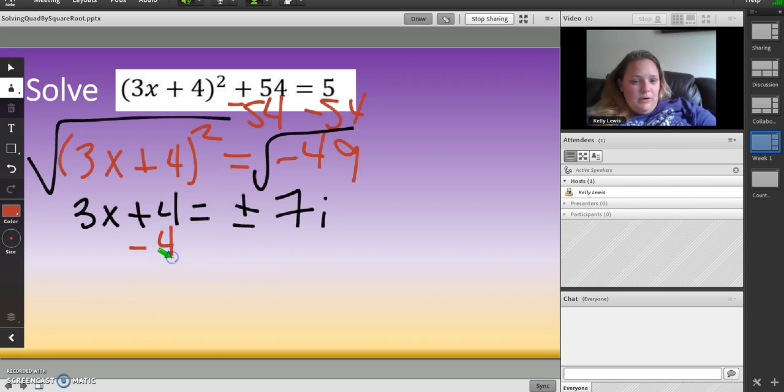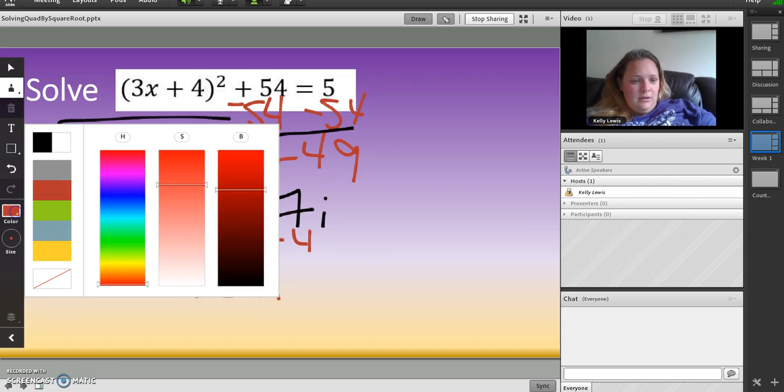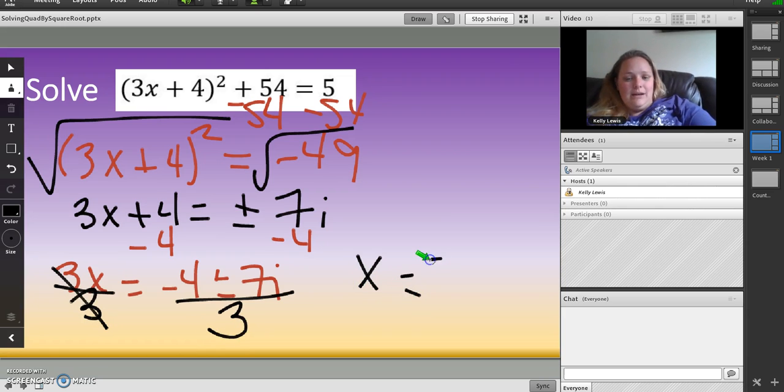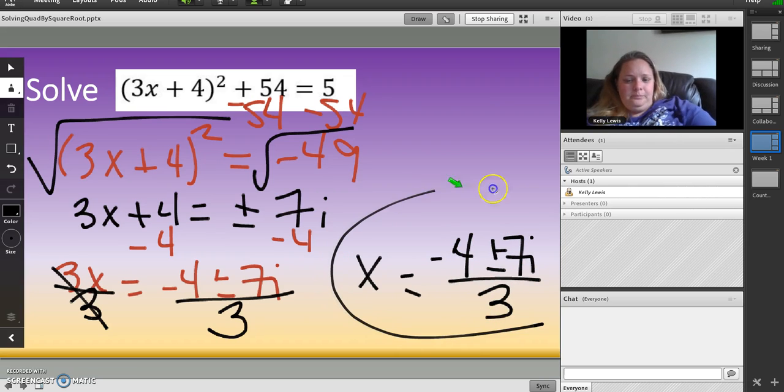Then subtract 4. They can't talk. So you have 3x equals negative 4 plus or minus 7i. This 3 is being multiplied, so we need to divide. So we get x equals negative 4 plus or minus 7i over 3.